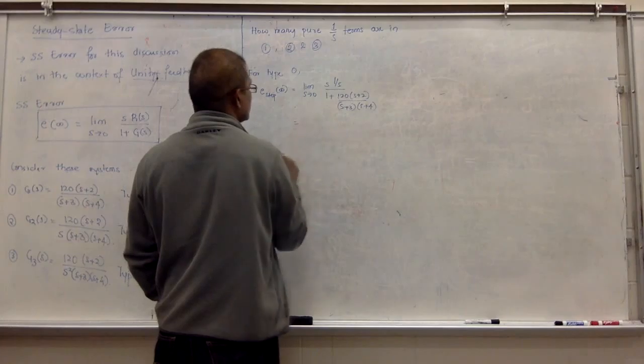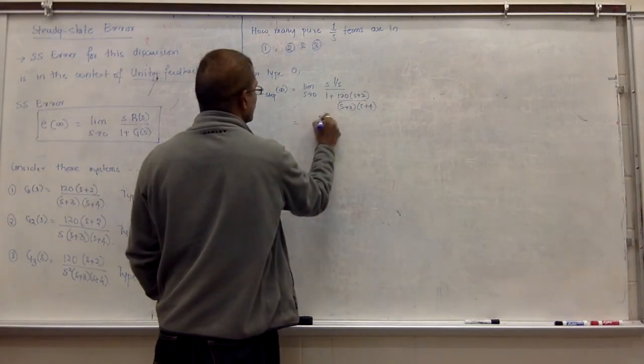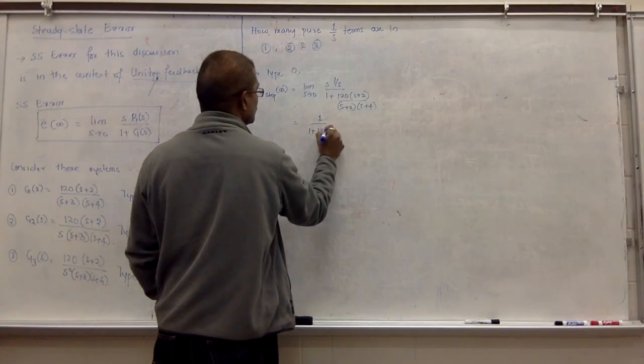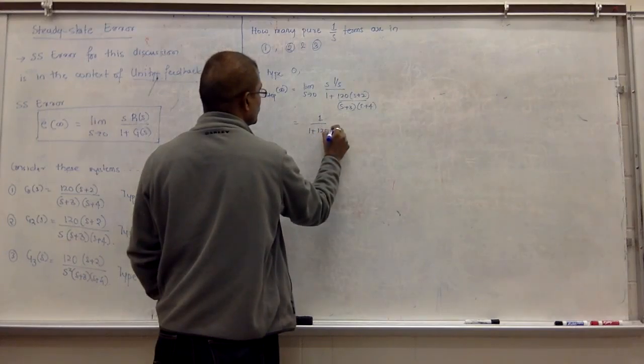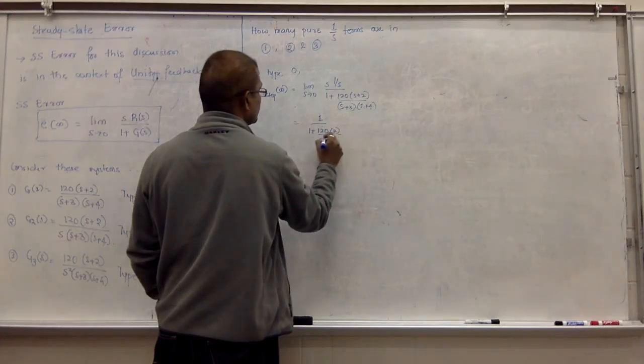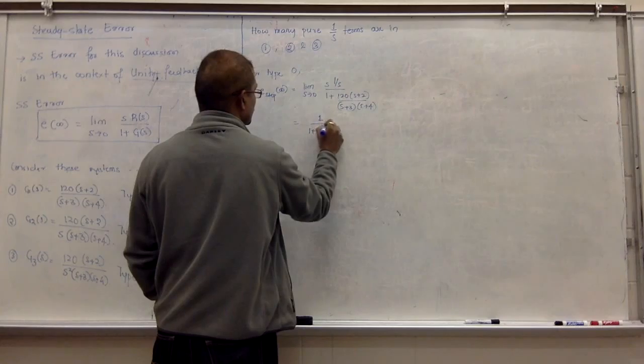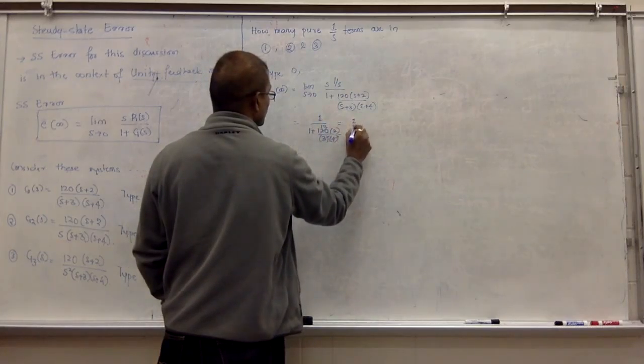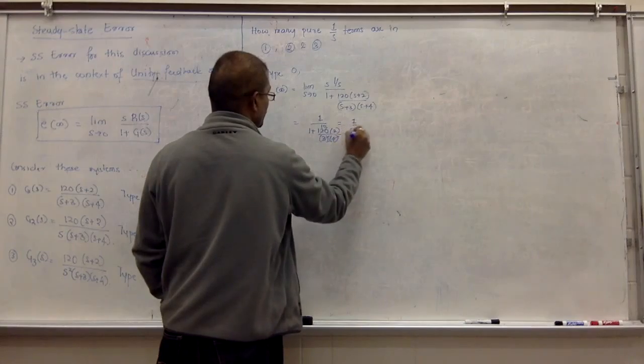So this is equal to 1 over 1 plus 120 multiplied by 2, 3 into 4, which is 10. So it is 1 over 20.